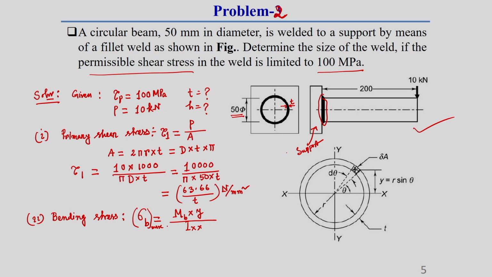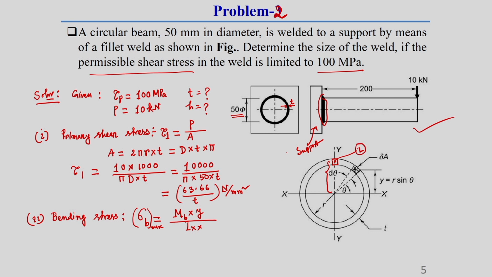So, what should be the maximum bending stress? This maximum bending stress will be at the periphery, at the maximum perpendicular distance. What is the maximum perpendicular distance of this weld from this x axis? Here I am showing, it will be this distance. Let us consider this element as the L element.